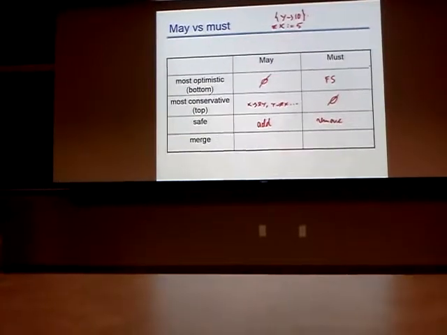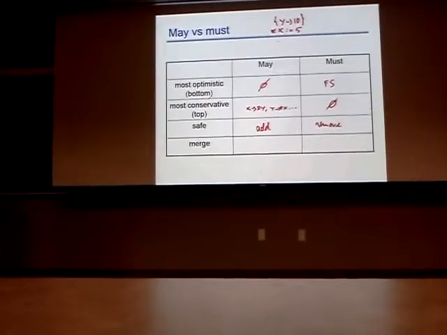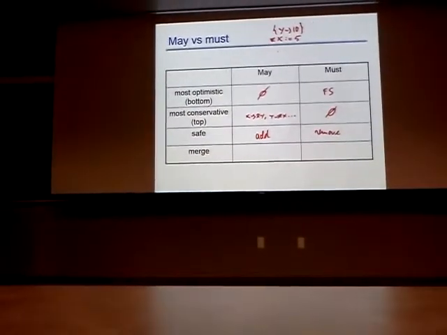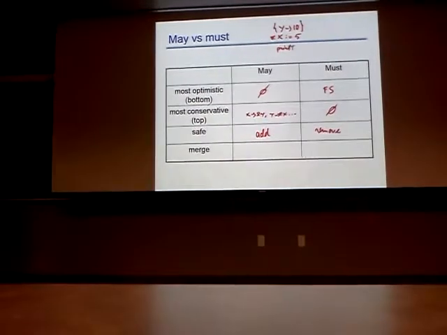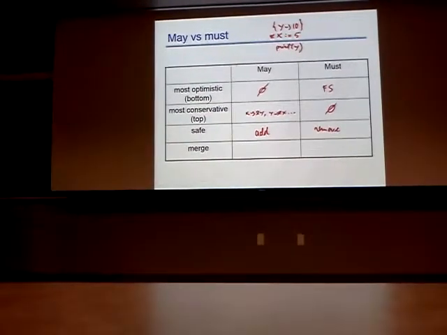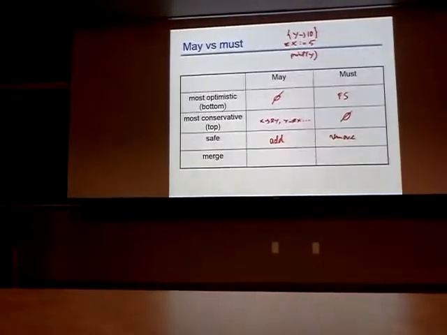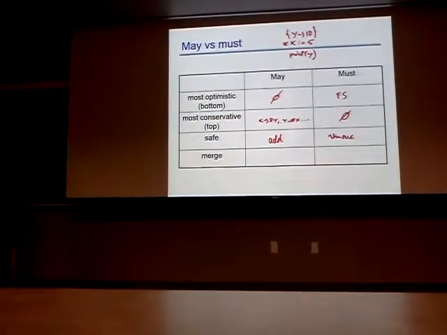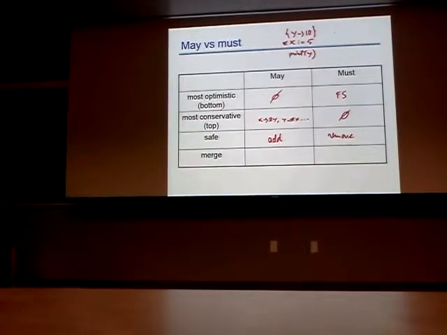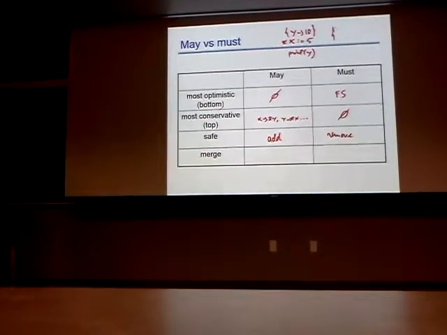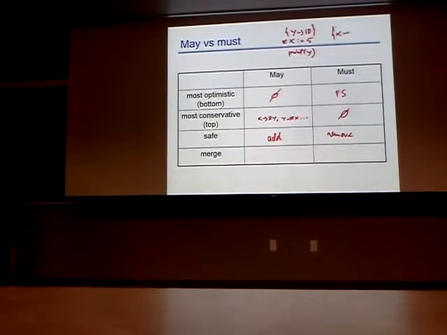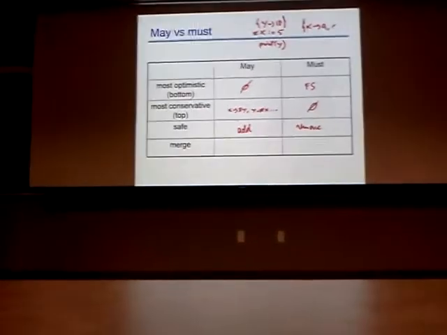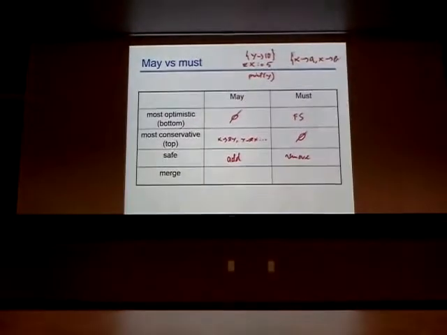Okay? And then here you have print y. Now, the question is, can I figure out that after this statement y is 10? So let's say that we have some may point to information, which tells me that x may point to A and x may point to B.